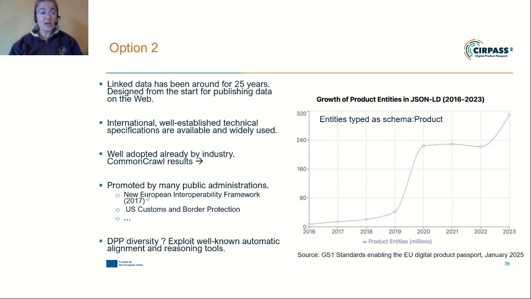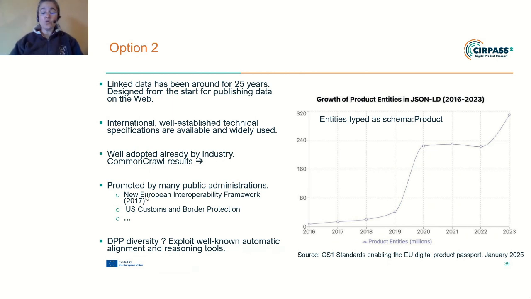Linked data has been around for more than 25 years. It was designed from the start to publish data on the web, which is exactly what the DPP is about. It's based on international, well established technical specifications that are widely used. It's already well adopted by industry, and it's also promoted by many public administrations, not only in the new European interoperability framework, but also by US Customs and Border Protection and many other states.